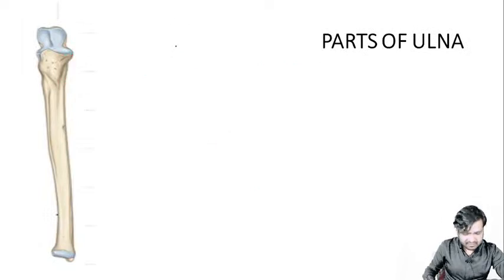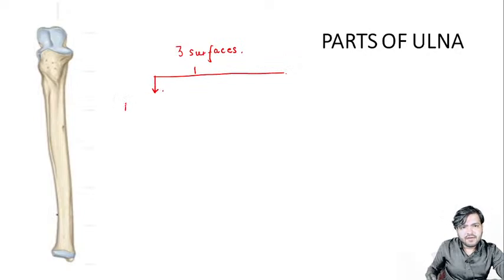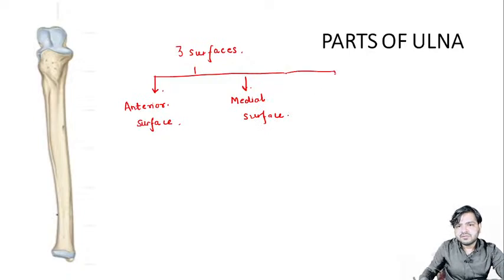Now we have three surfaces. Yes, Ditya, very good, beta. Now we have three surfaces, guys. You already know that we have the anterior surface, the medial surface, and the posterior surface.